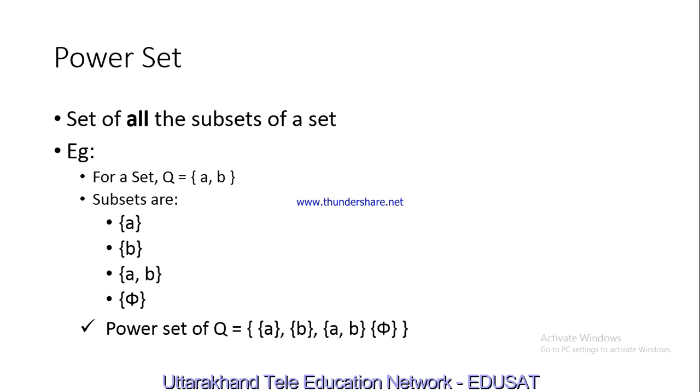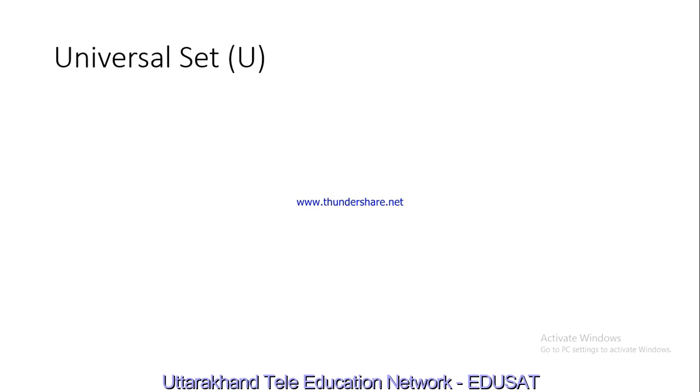So basically this is the power set of Q because it consists of all the possible subsets of Q. There were 4 possible subsets of Q, A, B, AB and phi. So we have created a larger set which includes all these 4 subsets, and that is why this is called the power set of Q. So this is how you find out the power set for a particular set.